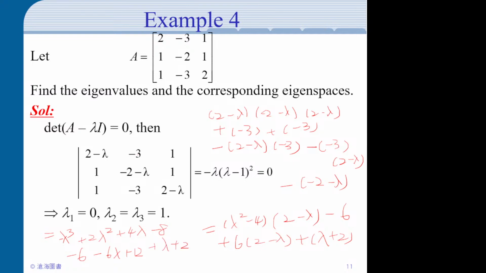Are we careful enough? So we have minus 14 here and plus 14 here, so we get rid of the constant term.